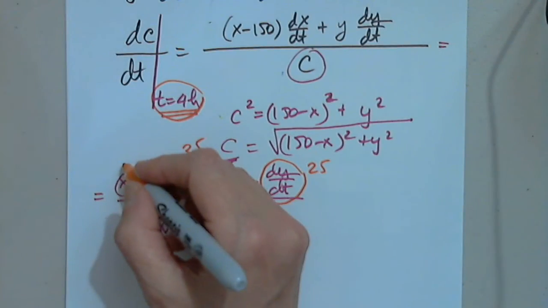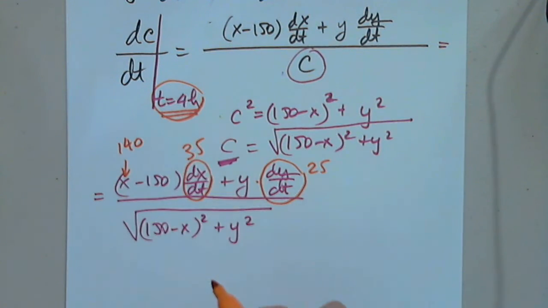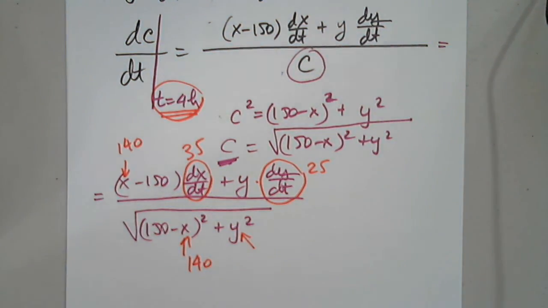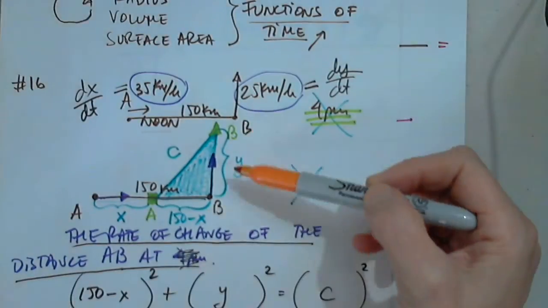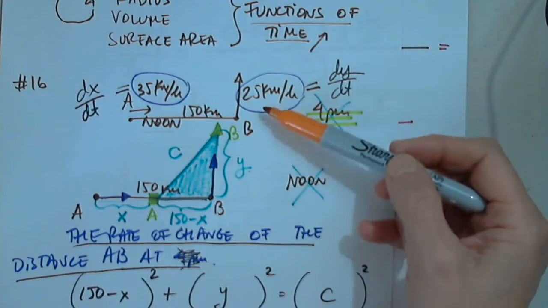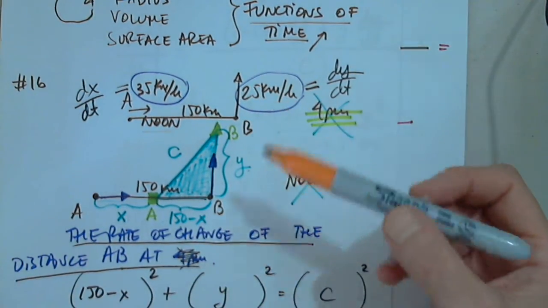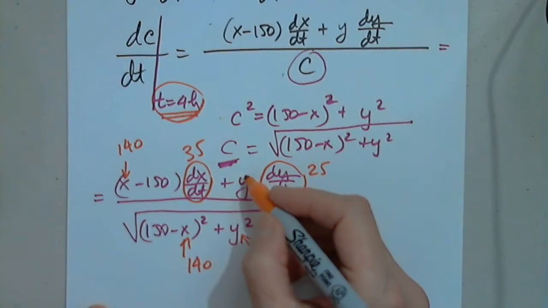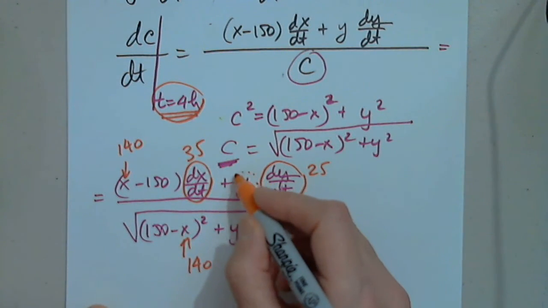Very good. So this is 140. And how much is Y? So in 4 hours at the speed of 25. How much?